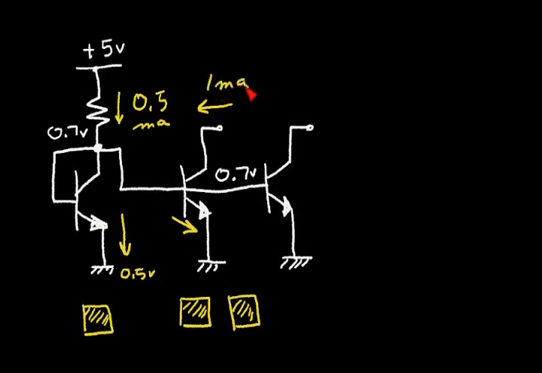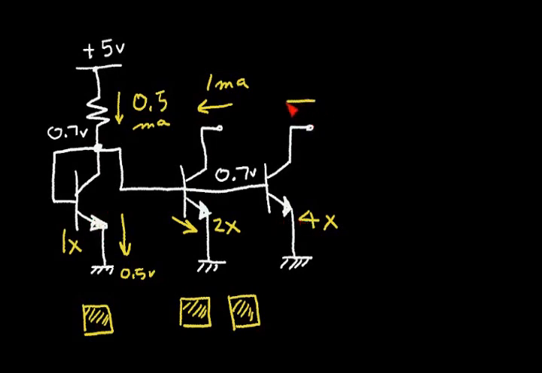Now let's presume that I want to make the emitter on the transistor at the right to be 4 times. So if this is 1x emitter size, this is 2x emitter size, I want to make this 4x emitter size. And in that case, I have 4 times the current flowing as the transistor on the left.